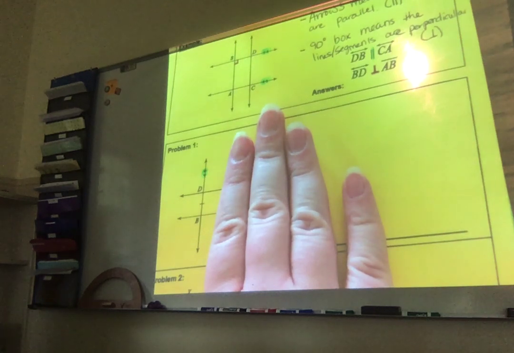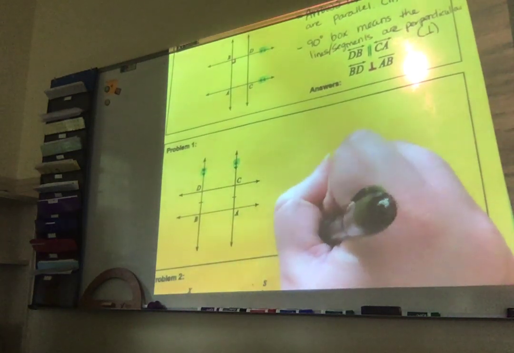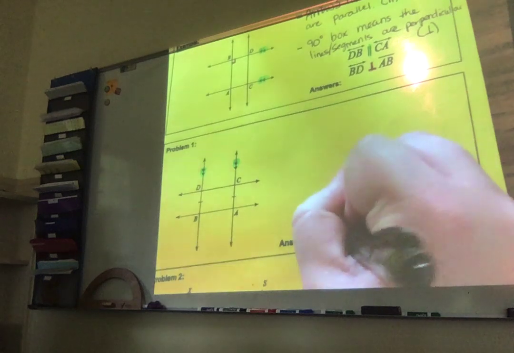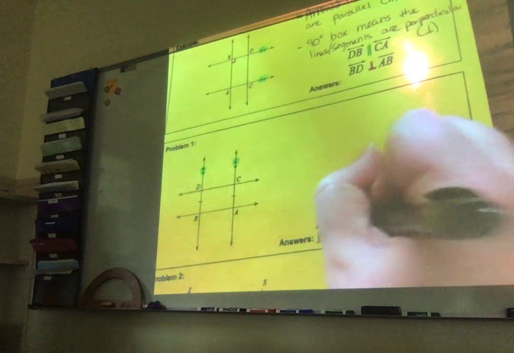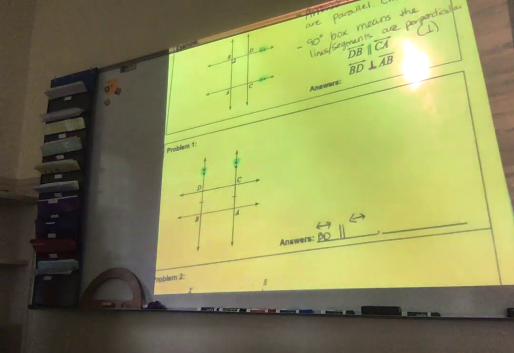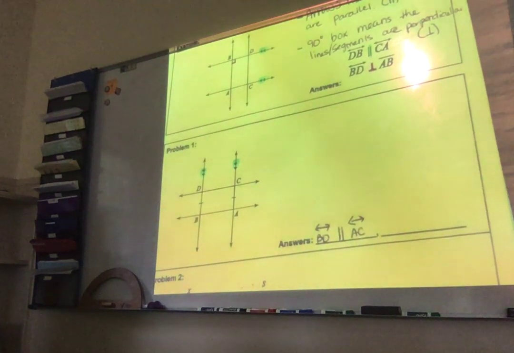B and D. So we have line BD is parallel to, Max, what other line? AC. AC, good. You could also label them DB or CA. The order of those letters doesn't matter.